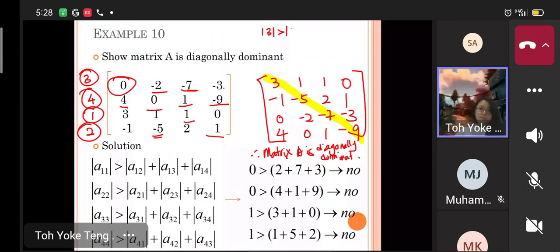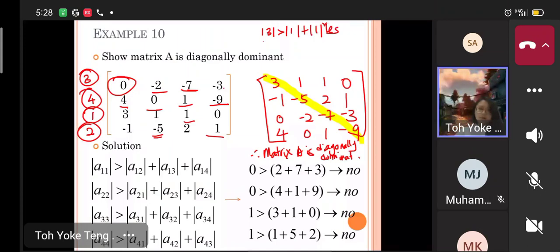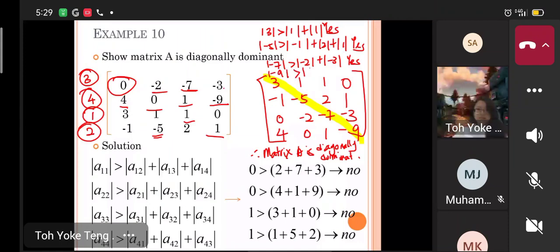And then negative 5 greater than negative 1 plus 2 plus 1, yes. And then the third one, negative 7 greater than negative 2 plus negative 3, yes. And then the last one, negative 9 that is greater than 4 plus 1, yes.